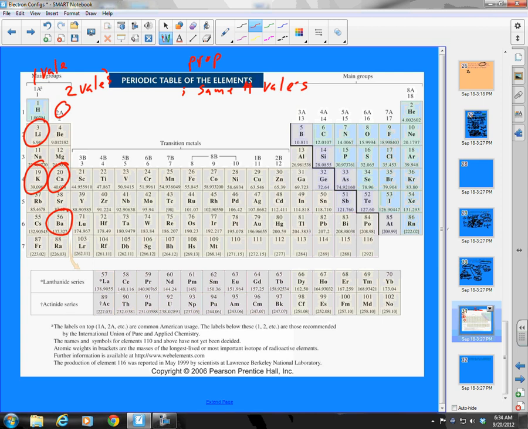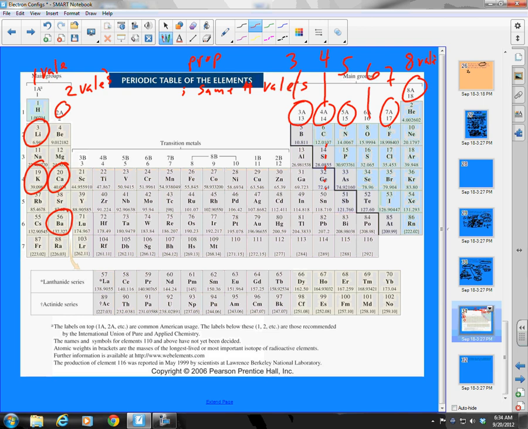Let's skip over here to group 13, boron, 3 valence electrons, then carbon, group 14, 4, and everything down here has 5, 6, 7, and my noble gases have 8 valence electrons, okay? It's that easy. So group 1 has 1, 2 has 2, 13, 3, 14, 4, 15, 5, 16, 6, 17, 7, and 18, 8.